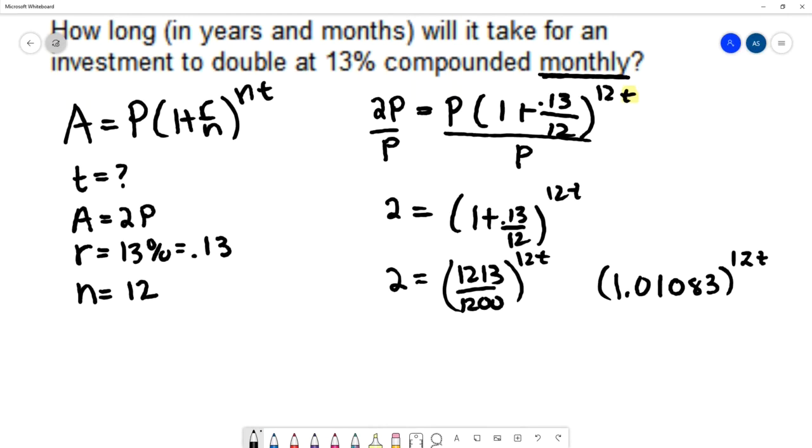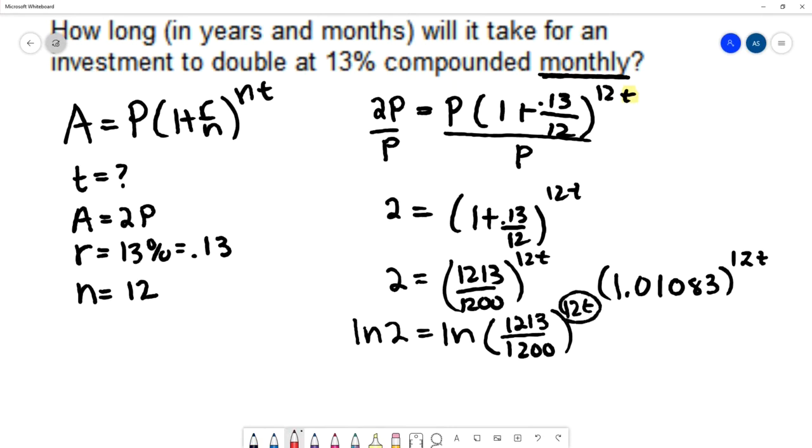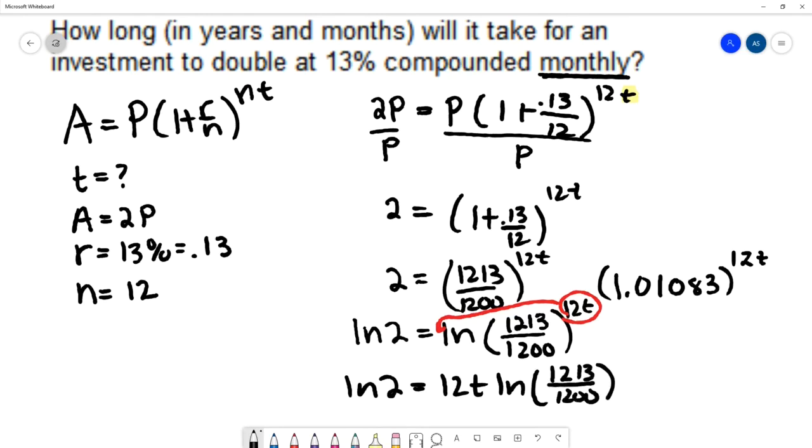So we're going to take the natural log of both sides. Natural log on the left, natural log on the right. What this allows us to do is to use our power rule and bring that power out front. It's natural log of 2 equals 12t natural log of 1213 over 1200.